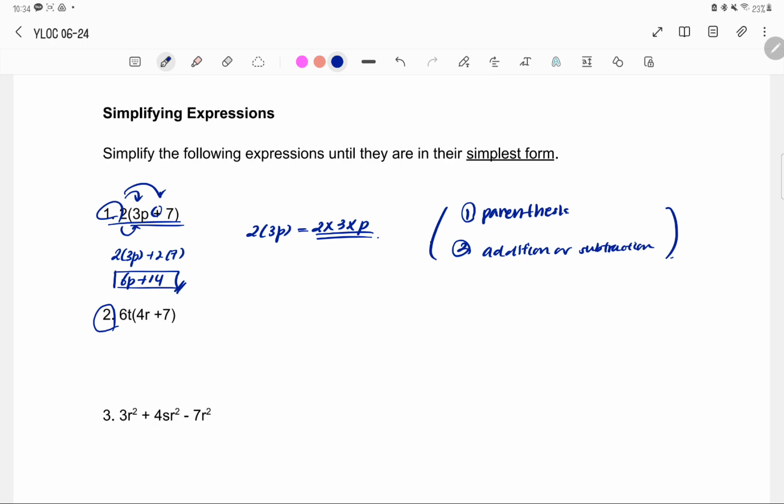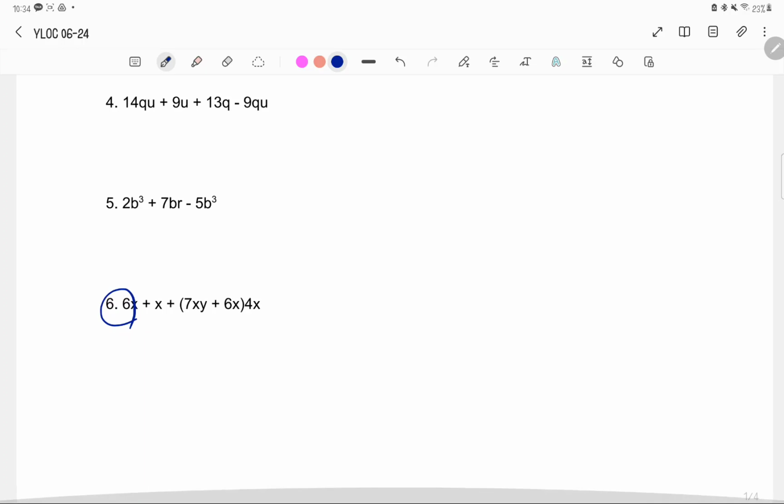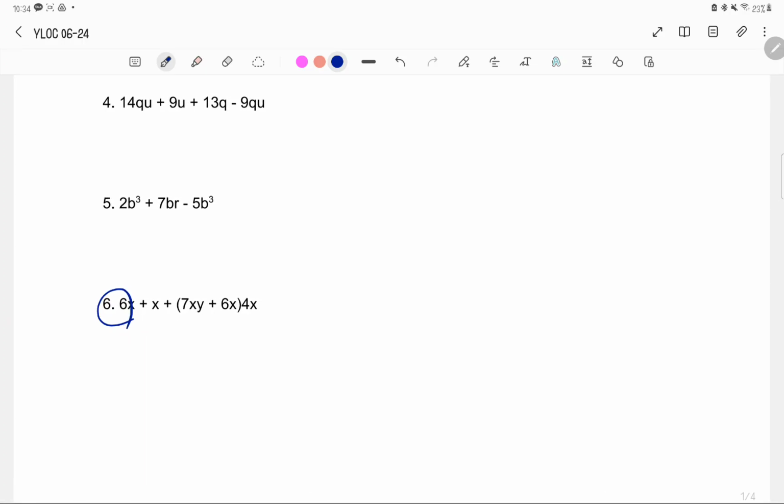So next one is number 6. Number 6 is more complicated because you see another variable, which is y. But don't be shocked about it, because if you can't combine like terms, just leave it like that, because that's the answer.